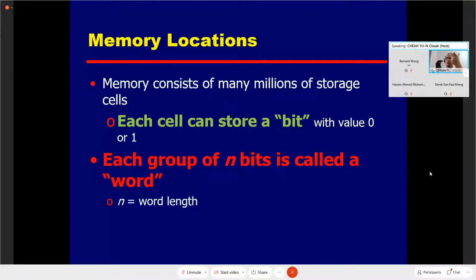So in this example, those 8 bits refer to one word. Not necessarily is one word 8 bits. One word could be 16 bits, 32 bits, or 64 bits, with different specifications.